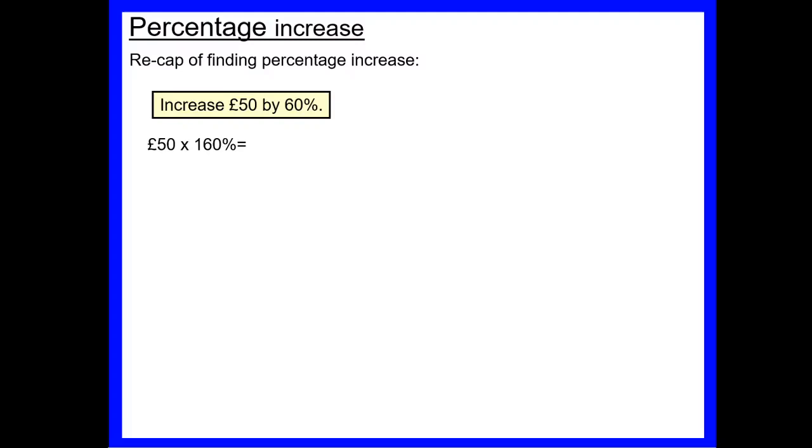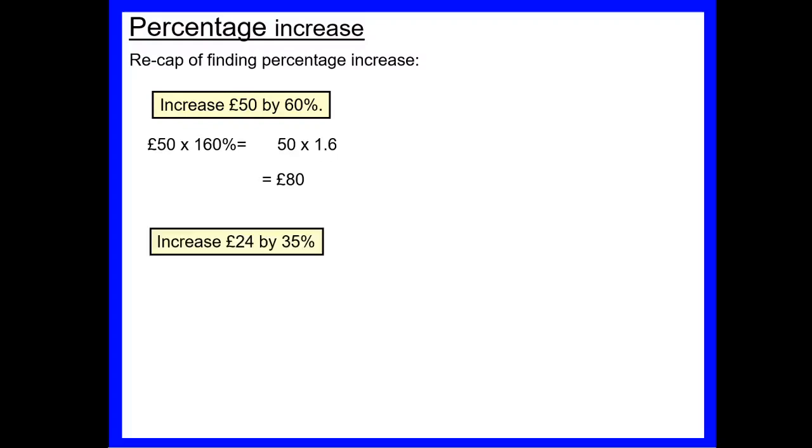To find 160%, to be able to put that into our calculator, we need it to be a decimal multiplier. To change a percentage into a decimal, we divide it by 100. So 160 divided by 100 is 1.6. So we're going to do 50 times 1.6, and that gives us an answer of £80 exactly.